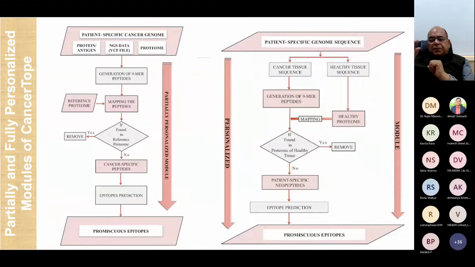That means that region or that peptide is not available in the healthy cells, but is only in cancer cells. And then check whether it is a B cell epitope or T cell epitope. If it is a B cell or T cell epitope, you can use this peptide or epitope as an immunotherapy or vaccine therapy. So that's basically fully personalized, and this platform which we developed supports the users to perform all these activities.